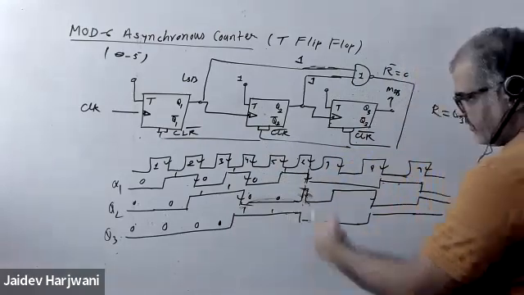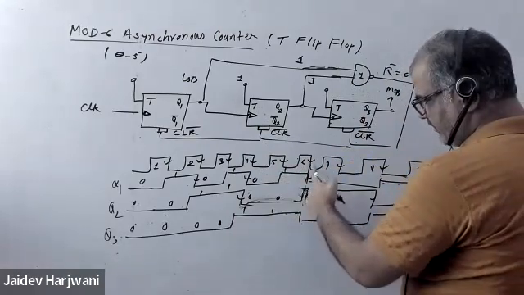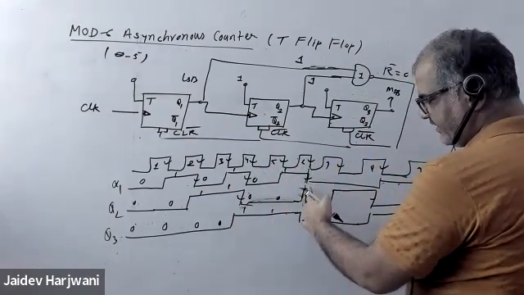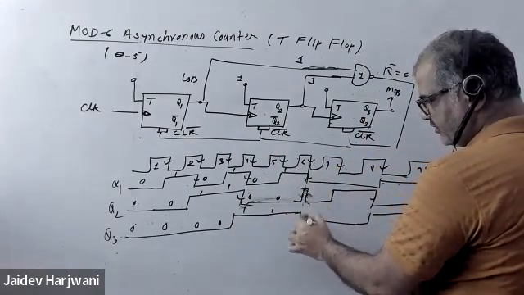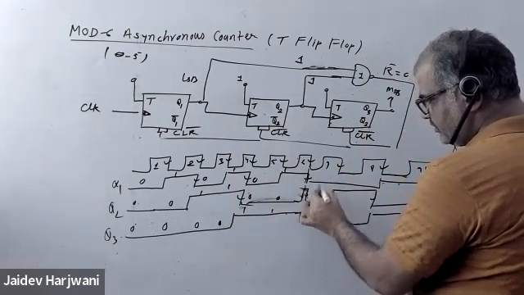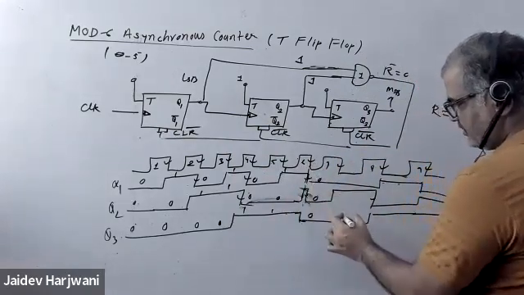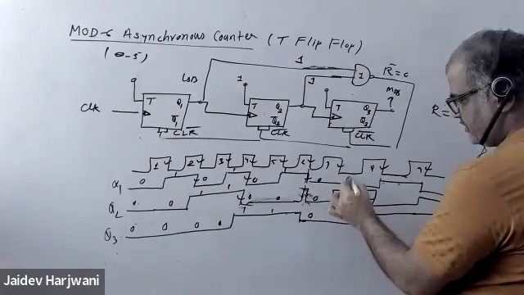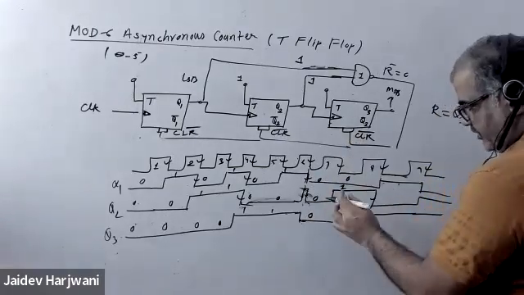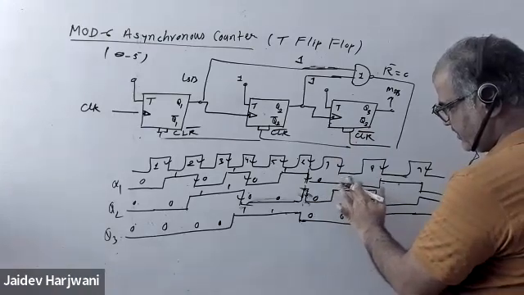After clock 6, momentarily it becomes 1, but now again it becomes 0. So it becomes 0 0 0. So after 6, the terms repeat, 6 7. After 7, you have 0 1 0. Sorry, 0 0 1, 0 0 1 should be there.